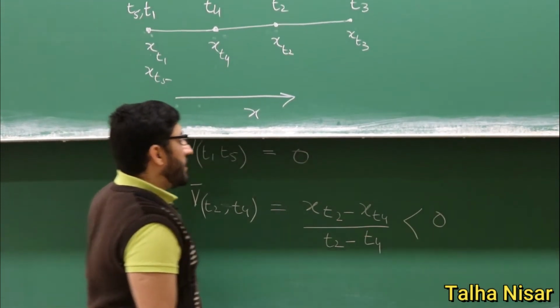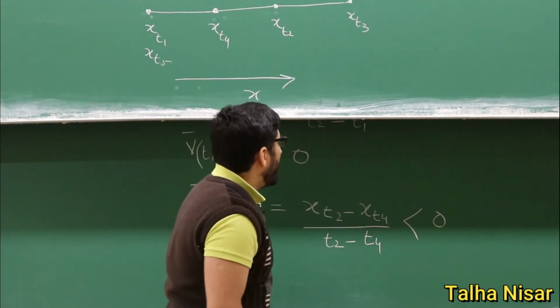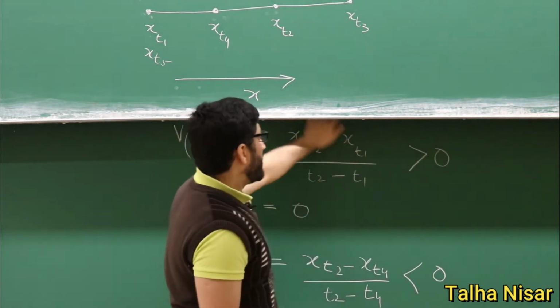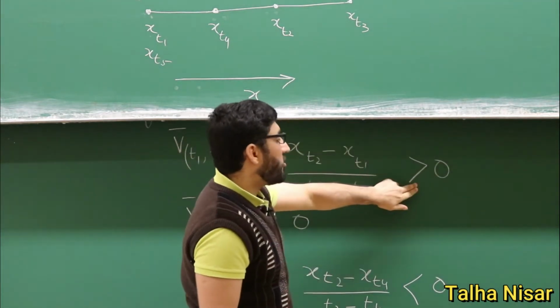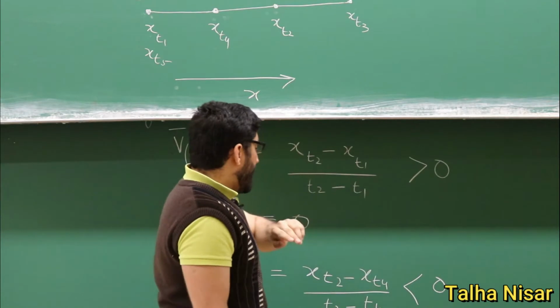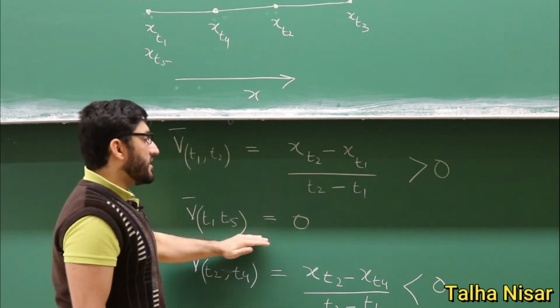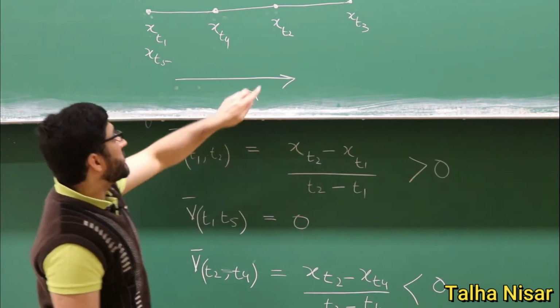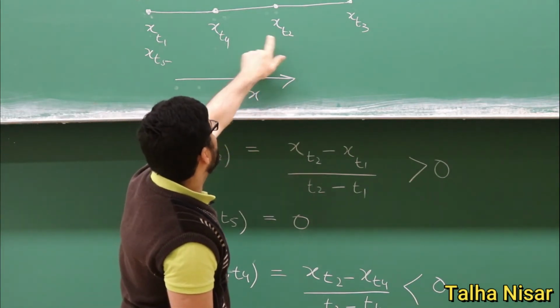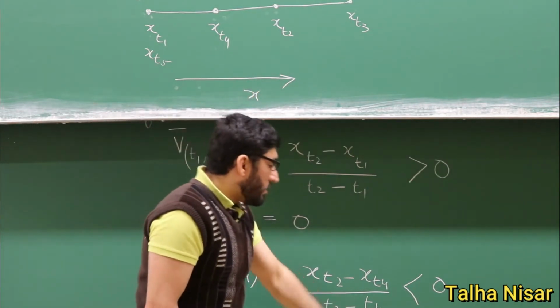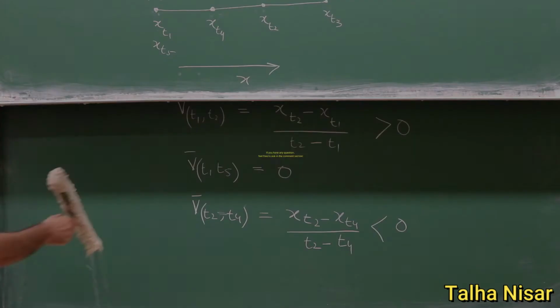In the first case that we discussed, it is larger than 0, it's positive. In the second case, because the displacement was 0, the velocity is 0. And in the third case, since the object moved from x2 to x4, the velocity is clearly negative.